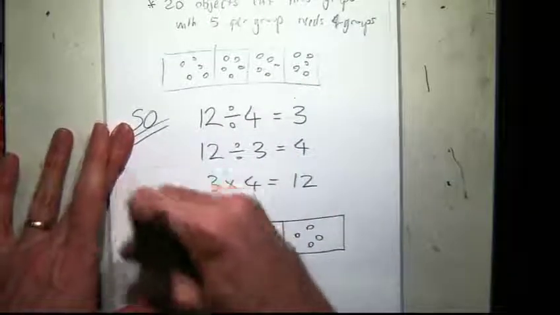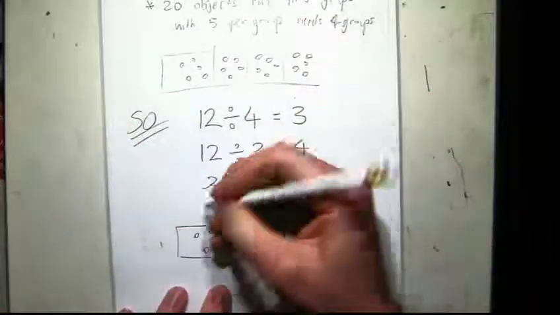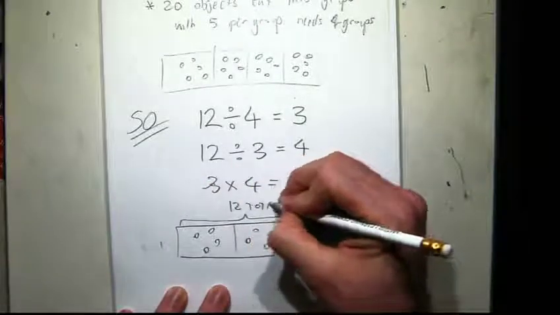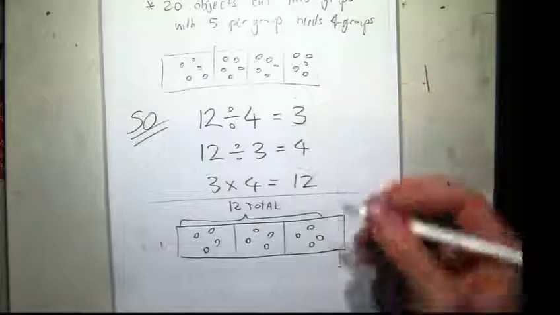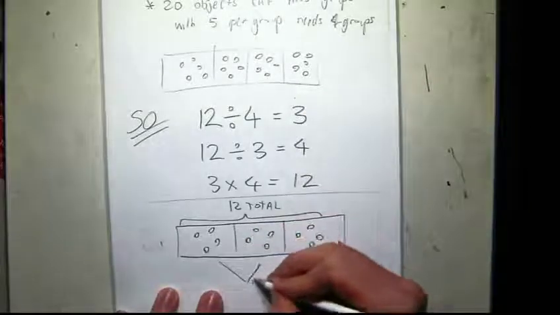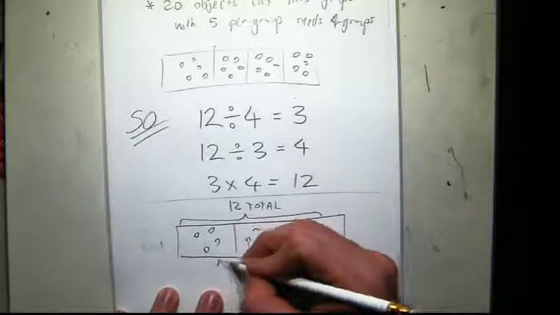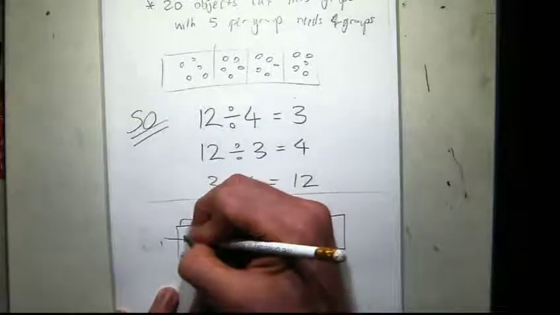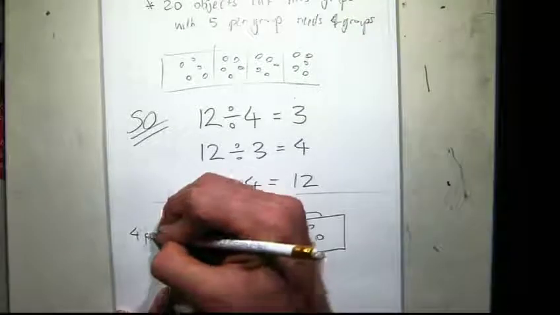And I'll write it the other way around. 12 in total. Three groups, 4 per group.